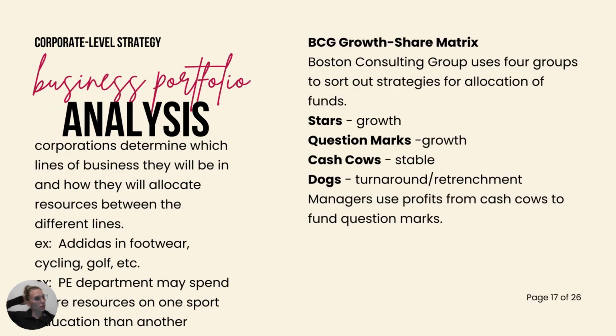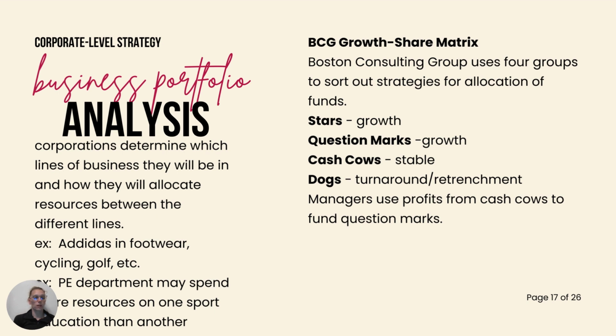So getting through these. Corporate level strategy, business portfolio analysis. Corporations determine which lines of business they will be in and how they will allocate resources between the different lines. The example the textbook gave was Adidas and footwear, cycling, and golf. They're kind of dipping their toes in everything in order to make more money.